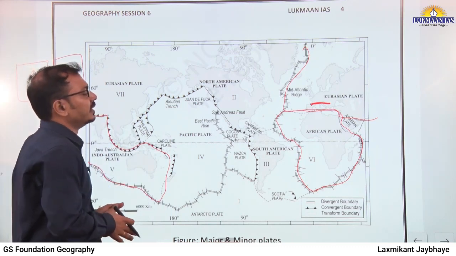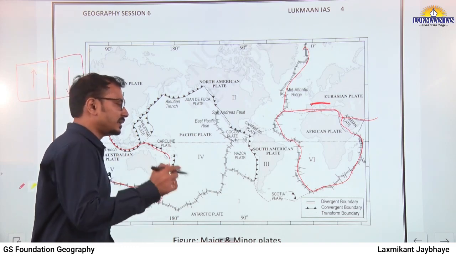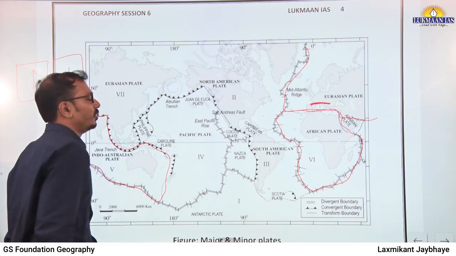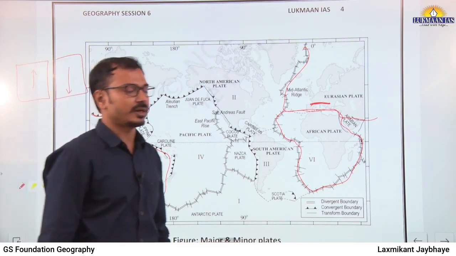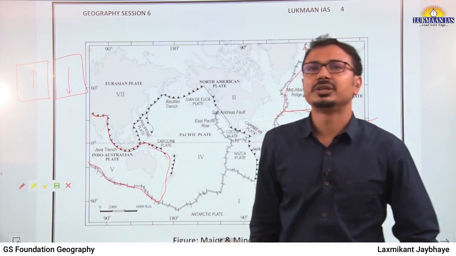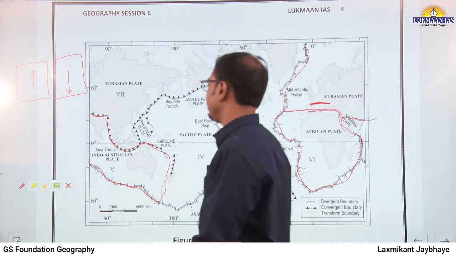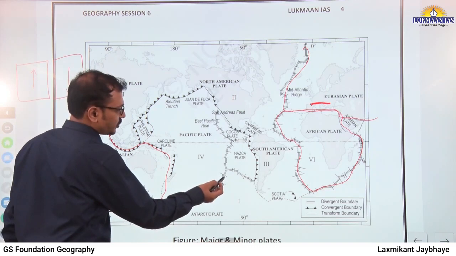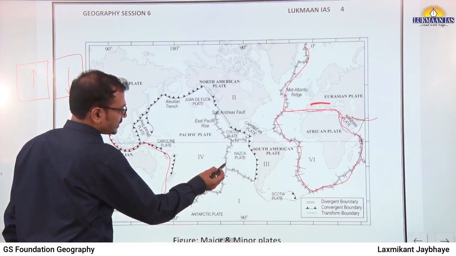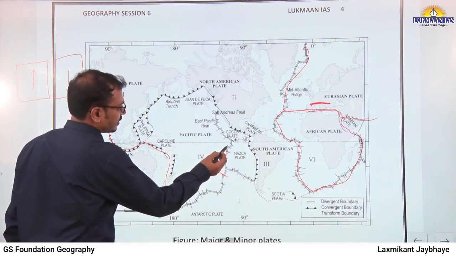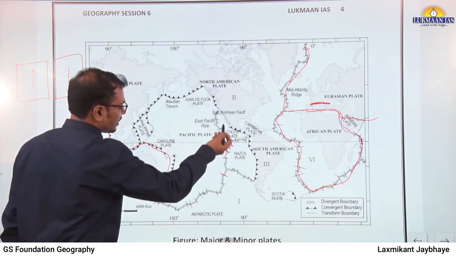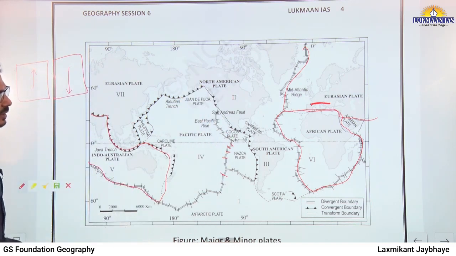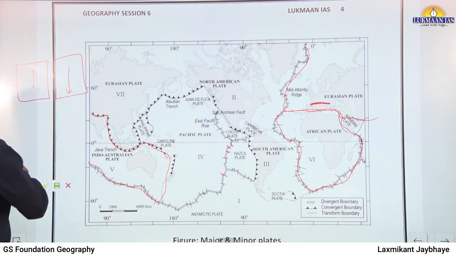Transform boundaries are largely found along the crest of mid-oceanic ridges. Let me show you. These lines are actually transform boundaries. Can you see this? Because the mid-oceanic crust is not a uniform mountain range.